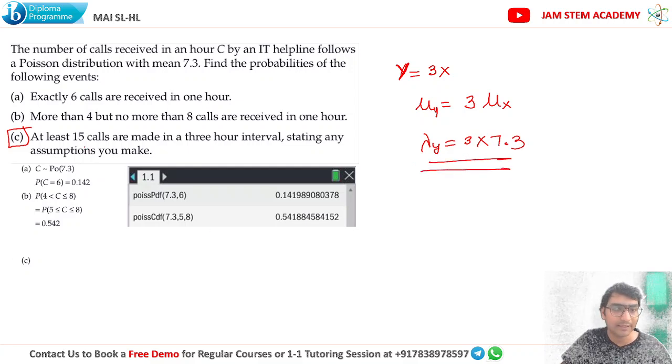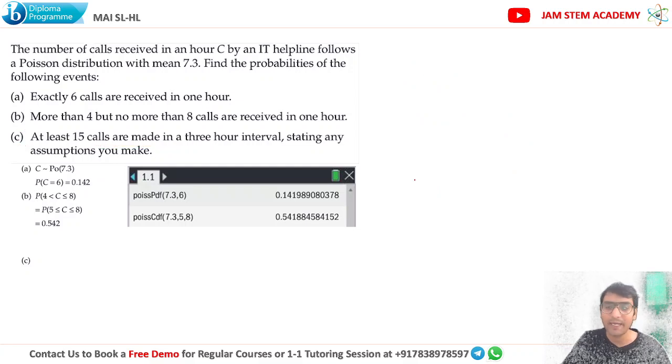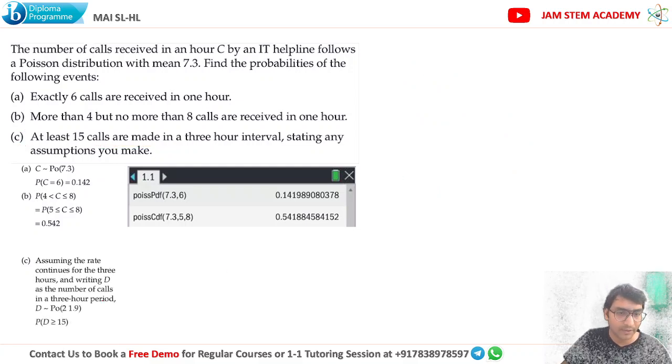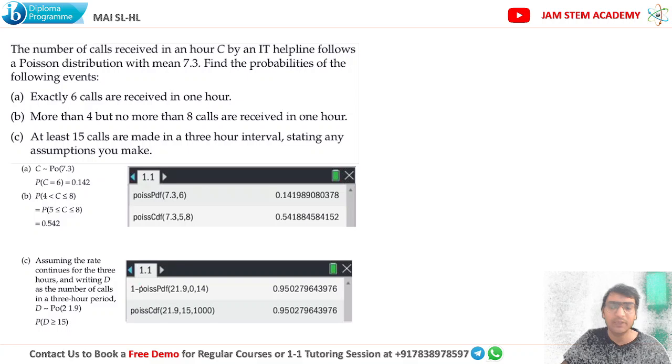So in the C part it says at least 15 calls. At least 15 calls means we are looking for the x value greater than or equal to 15. So apply it with lambda as 21.9 and use the Poisson distribution in your calculator. You can use Poisson CDF, where 21.9 is the value of the new lambda, from 15 to a very, very large number, you can take 1000, 2000 or whatever you want.